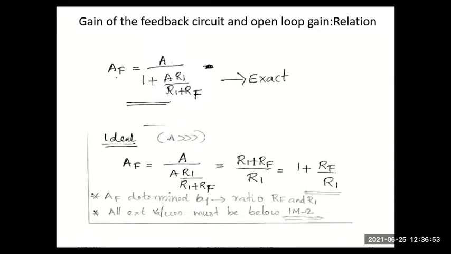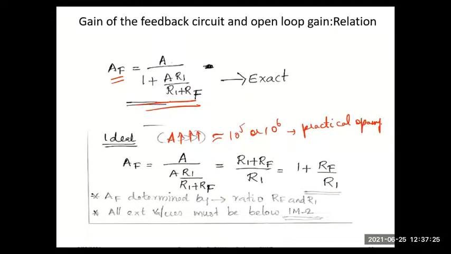As we know, the gain with feedback is gain without feedback divided by 1 plus A into beta. And the beta value, we found it as R1 by R1 plus RF. In a practical ideal case, we know gain is very, very large. This A, I told you, is in the range of 10 power 5 or 10 power 6, even for practical op-amps. All the practical op-amps which we use have gain in the range of 10 power 5 or 10 power 6.